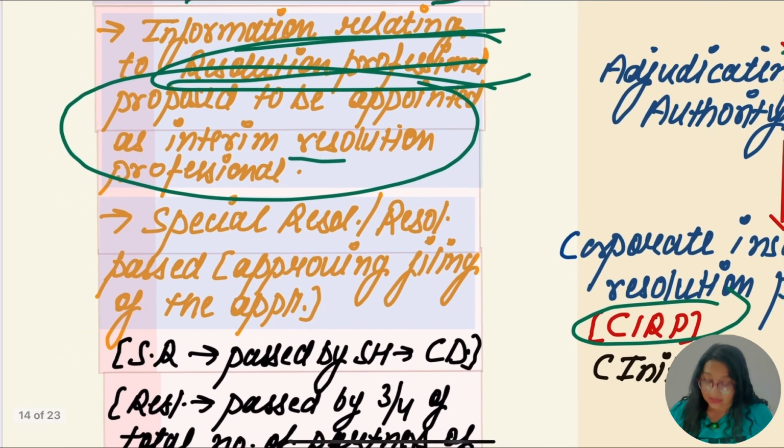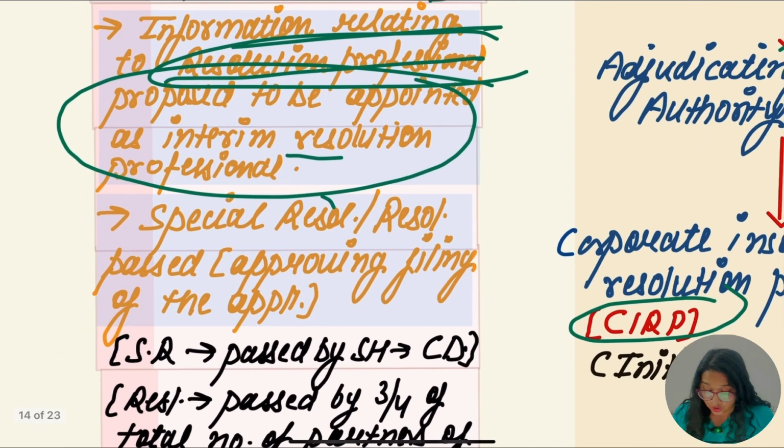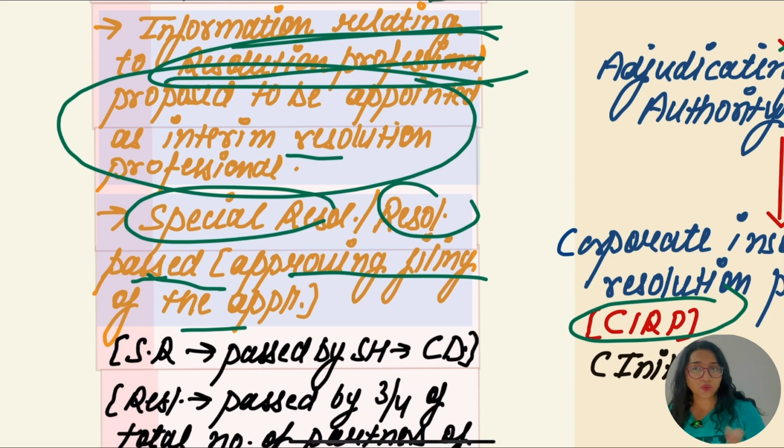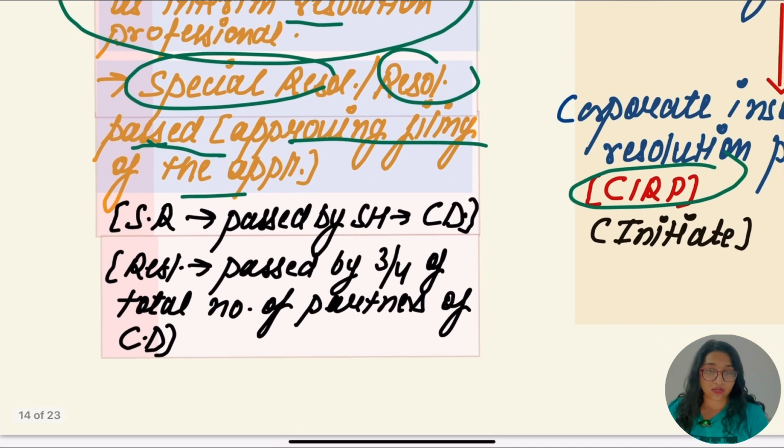One other new thing is the special resolution or resolution passed for approving the filing of the application. We know what a special resolution is and we know what a resolution is, but let's read out what the law is saying here. A special resolution is passed by the shareholders of the corporate debtor. What about the resolution?